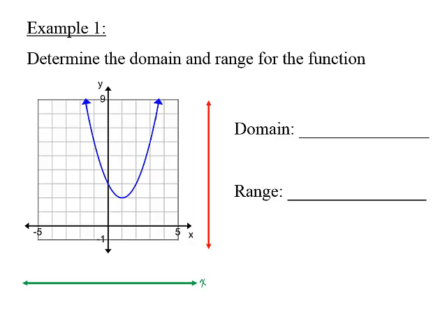To find the domain, we always read a graph from left to right, and we want to find the starting point and the ending point on the graph from left to right. Because this is a continuous graph, there are no stops or gaps in it. We're going to have one interval that represents the domain and one interval that represents the range.